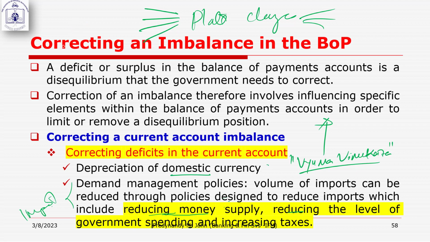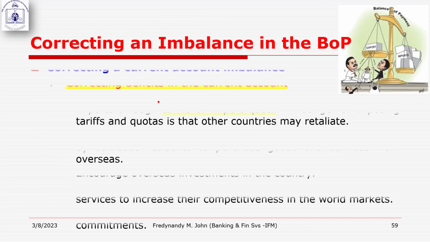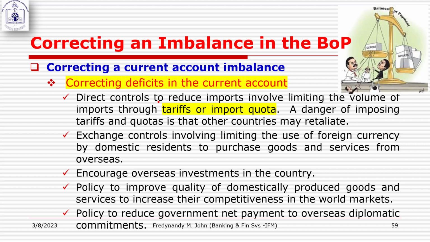Now, if the level of import is lower than the level of export, automatically the balance of trade will be corrected.